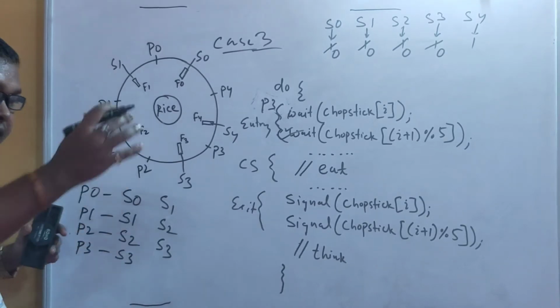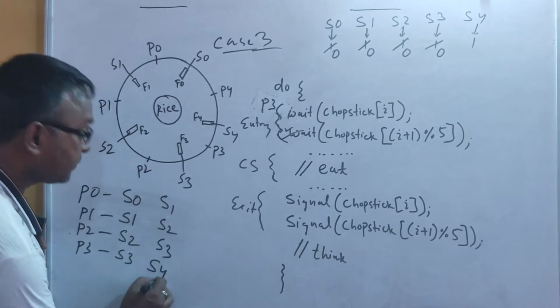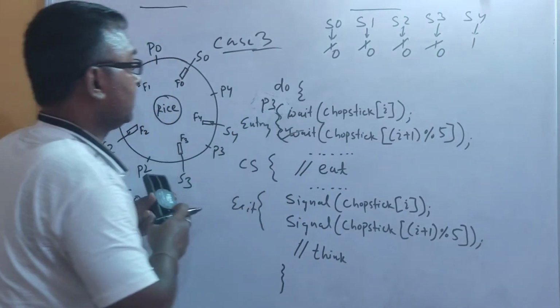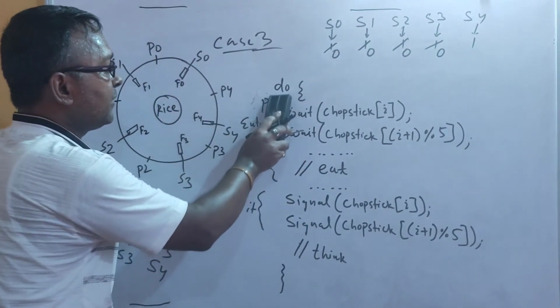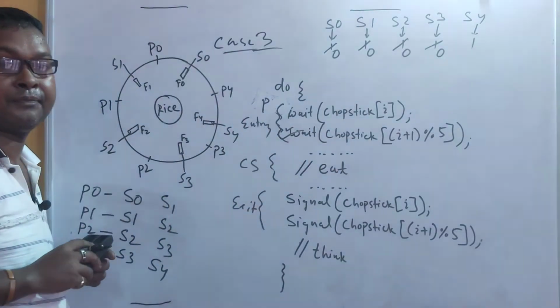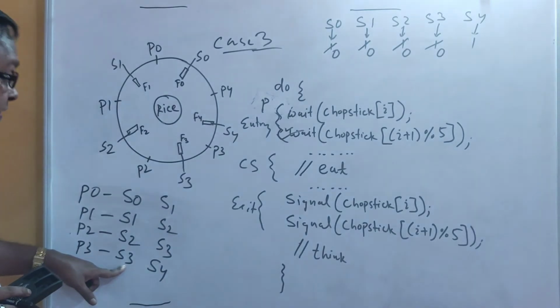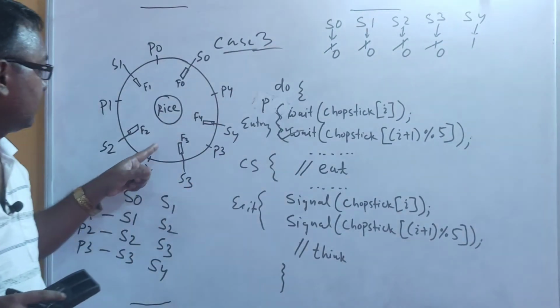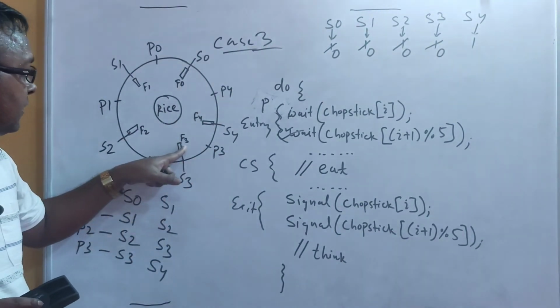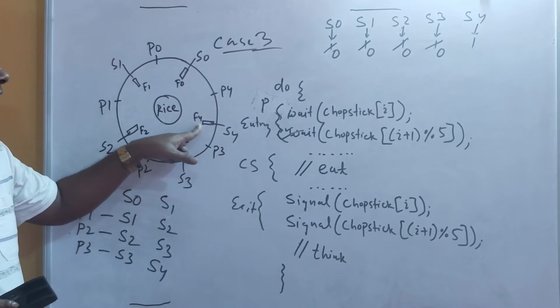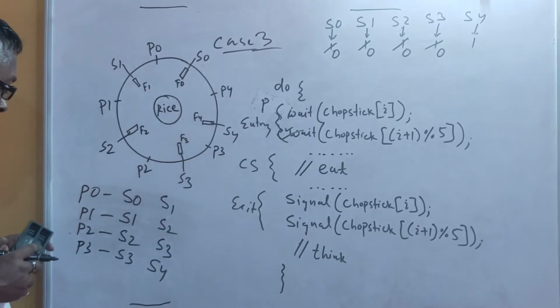The right hand side S4 is not getting executed, so P3 also gets preempted by executing only this line of code. P3 accessed only S3, that means fork F3, and could not access fork F4.